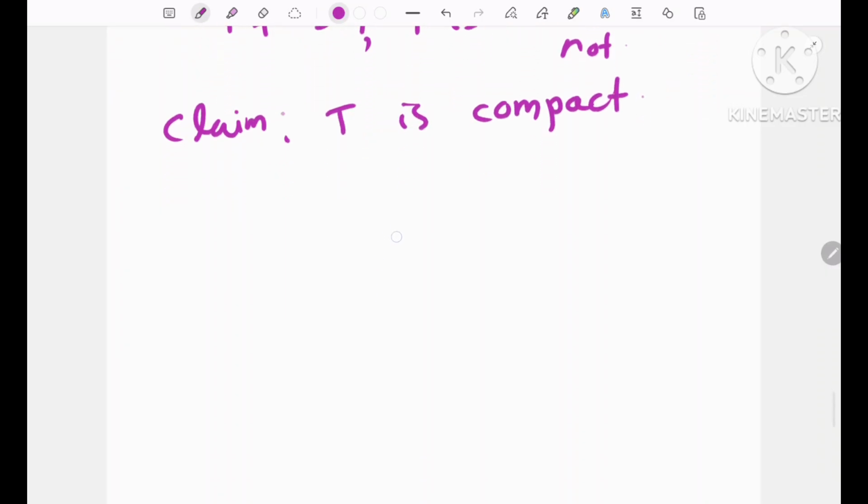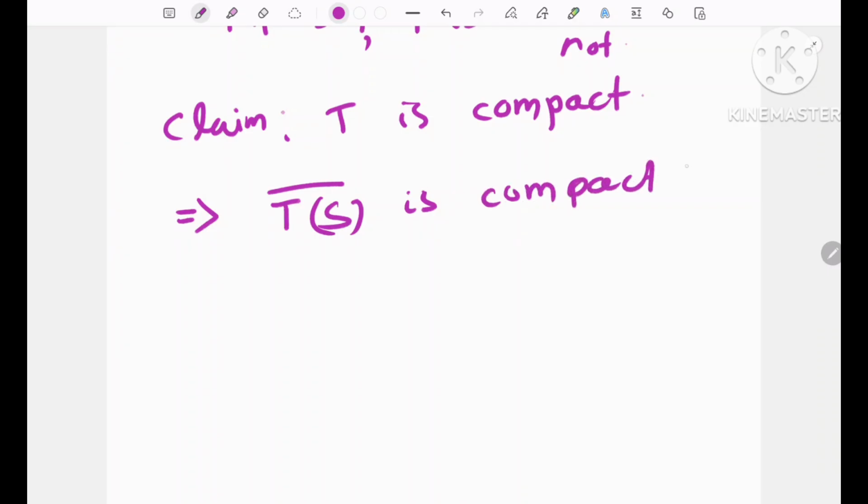Compact means that the closure of T of S is relatively compact, and the closure of T of S is compact for every bounded set, bounded meaning uniformly bounded.